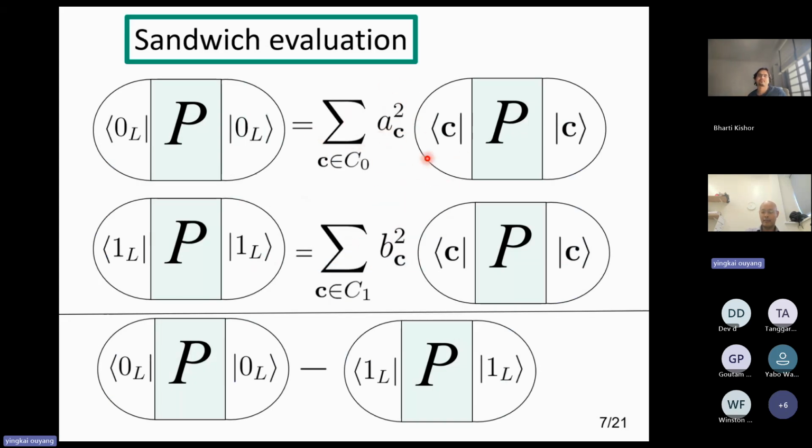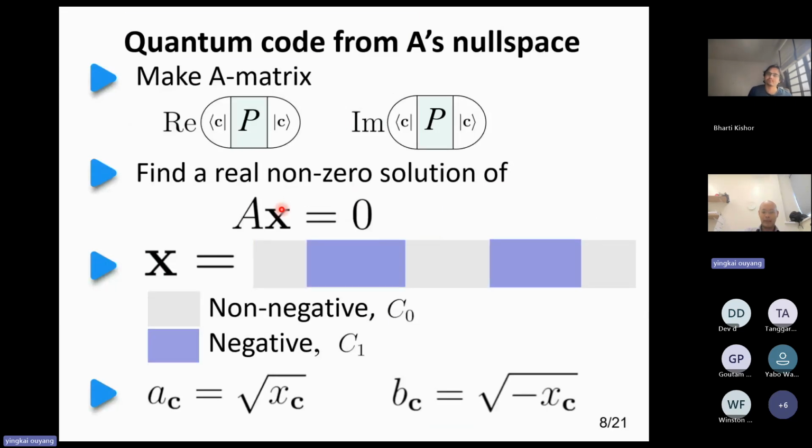But because the C's have different support, in a nutshell, now I'm going to form a matrix A. And this matrix A has its components as the code word sandwiches. So the rows will correspond to the errors P, and the columns will correspond to the code words. So each component of A would just be as such.